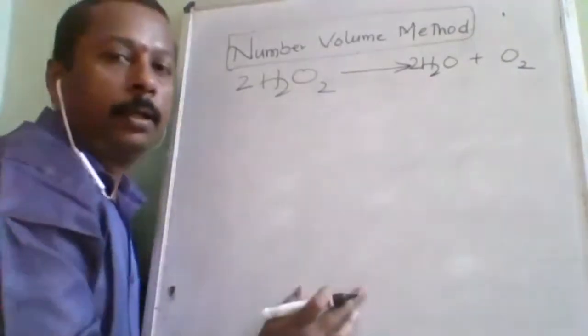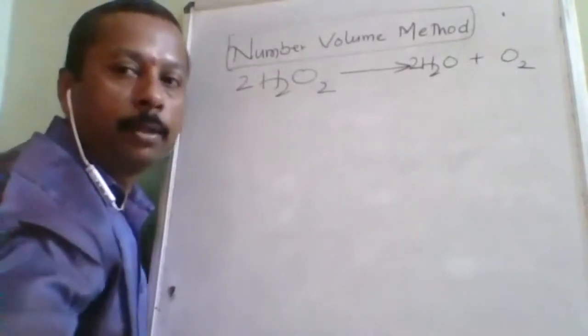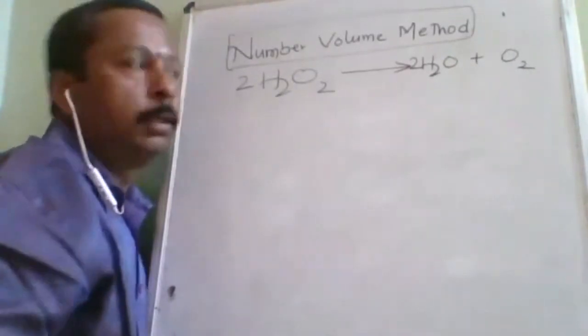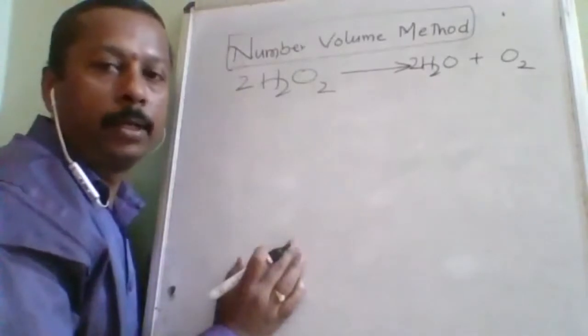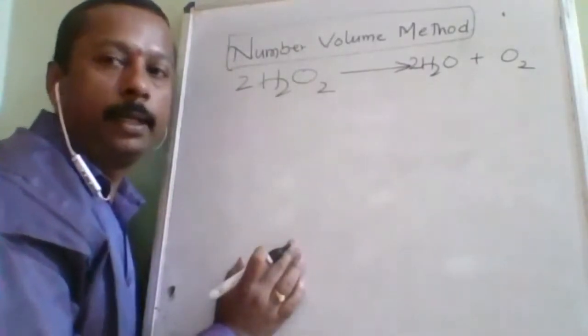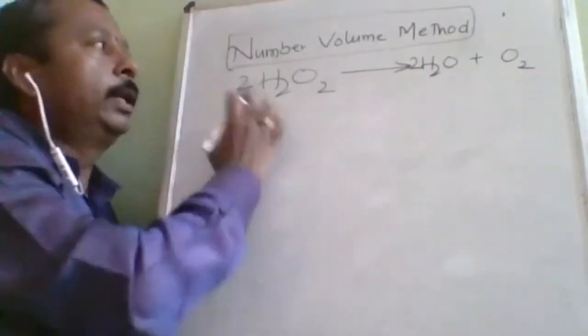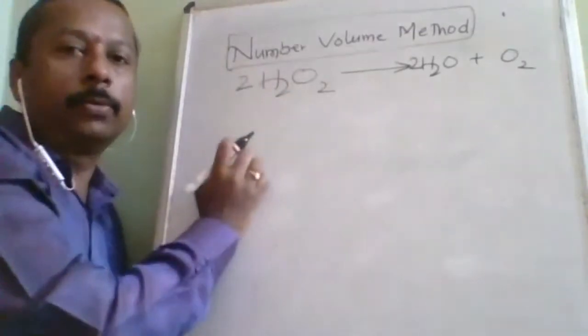Is it understood? So the quantity of O2 in terms of liters when it is completely decomposed, for that given solution, will be directly proportional to the amount of H2O2.